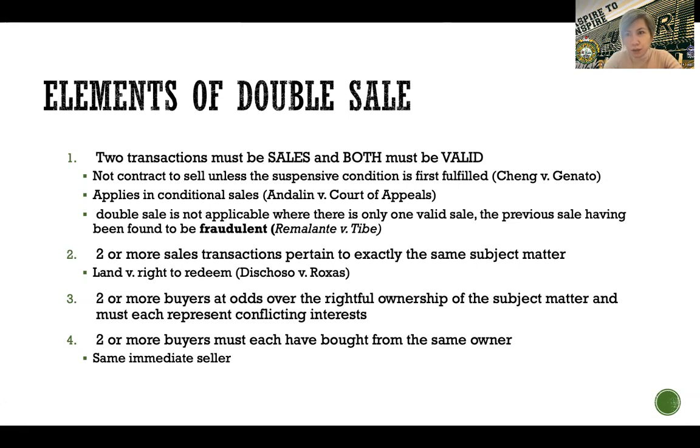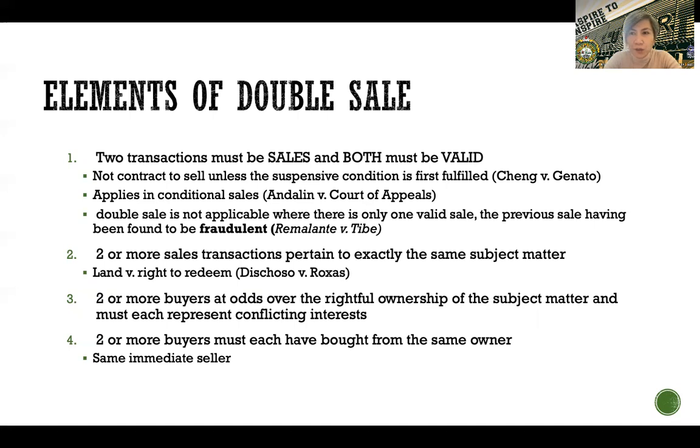So let's break down each of those elements. So the 2 transactions must be both sales, and they must both be valid. So it cannot be a contract to sell, okay, unless the suspensive condition in that contract to sell has been fulfilled.